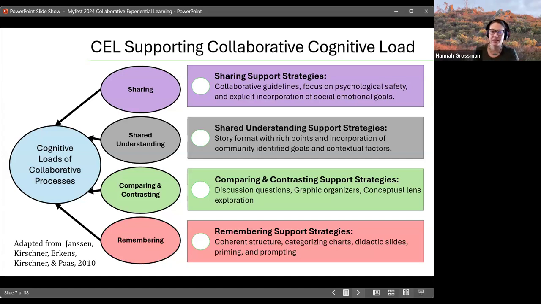The second cognitive load of collaborative processing I'd like to discuss is the cognitive load of a shared understanding. The shared understanding is almost a metaphysical space where you are collaboratively sitting and problem solving together.